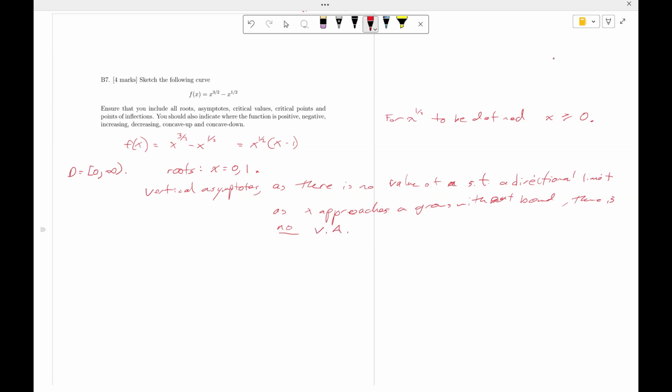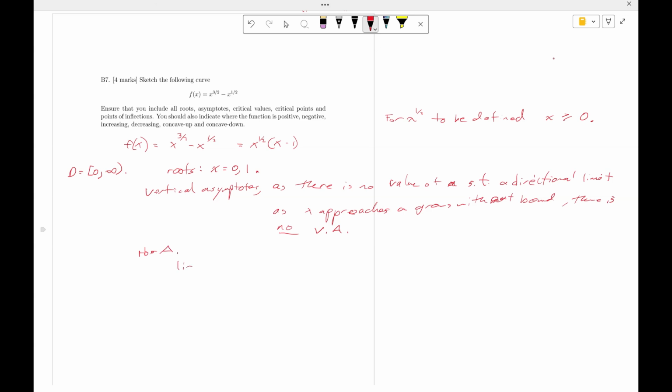Now, another thing you could do is look at where am I dividing by 0 or taking the ln of 0? Nowhere. I never divide by 0 and I never take the ln of 0. Thus, no vertical asymptotes.